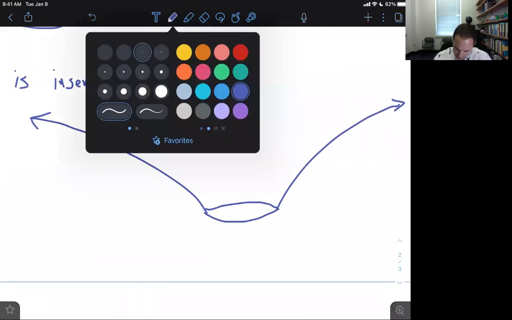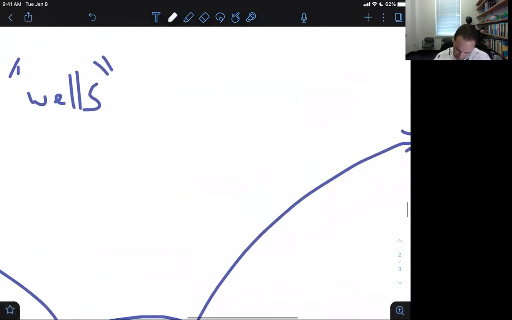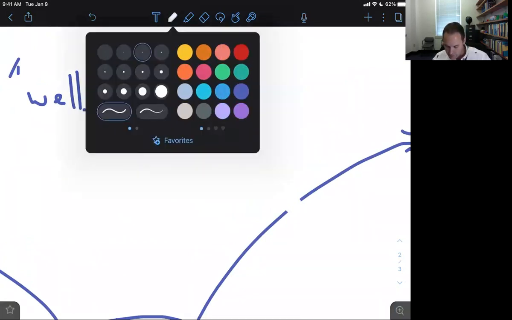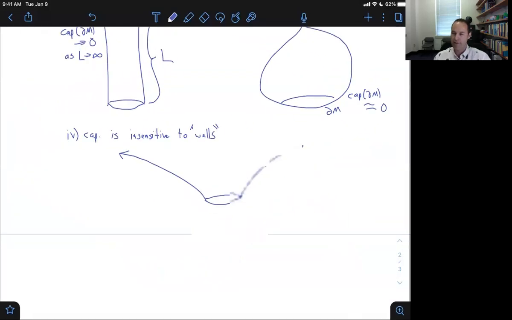If instead you take that and you cut out some small ball, and you glue in what's sometimes called a gravity well, or like gluing in a finger like that, not something enclosing the boundary, but something off to the side, this is not going to have a big impact on the capacity. The capacity kind of is blind to perturbations like this. Okay.